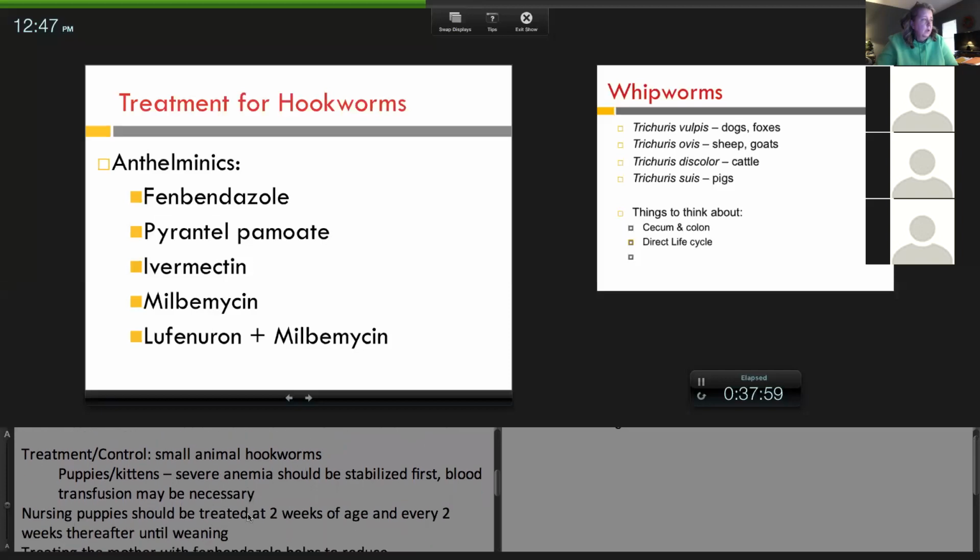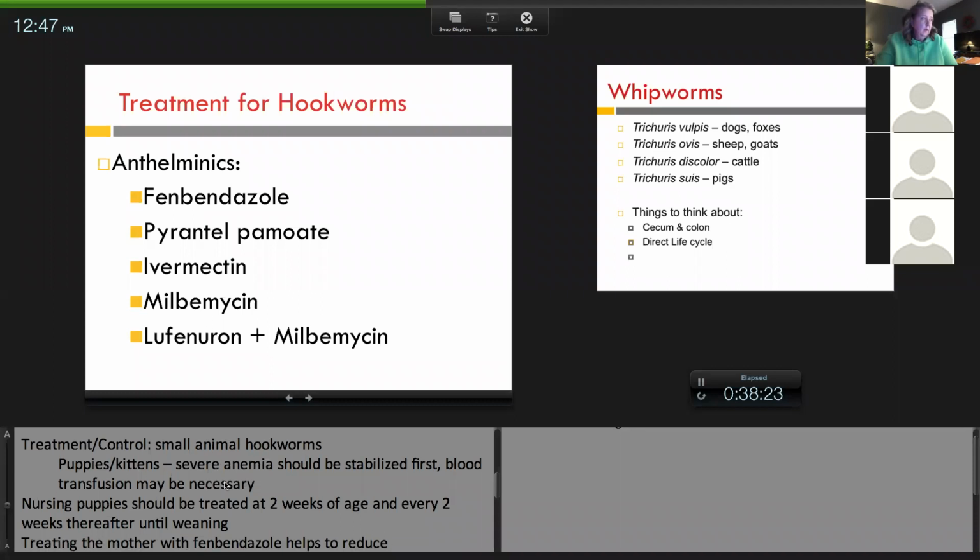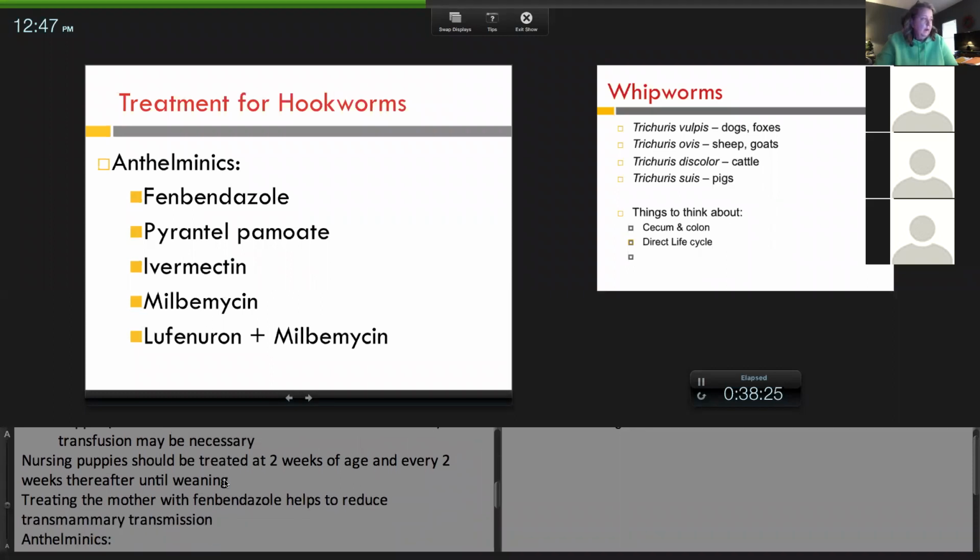But treatment, and here's a note, if you do have a puppy or a kitten that has severe anemia, obviously you're going to have to treat that first, potentially with a blood transfusion if it's bad enough. If they're critical, obviously you want to kill the parasite, but getting them healthy is going to be first off the bat.